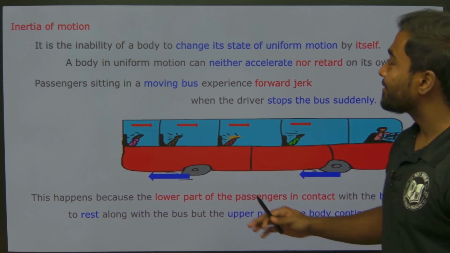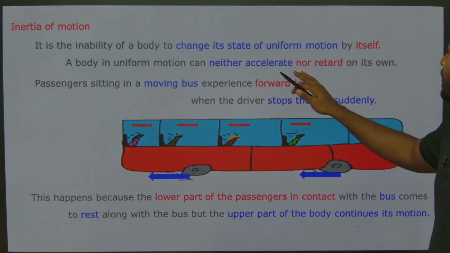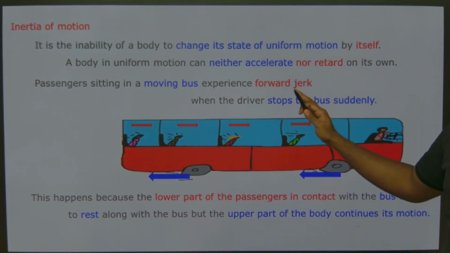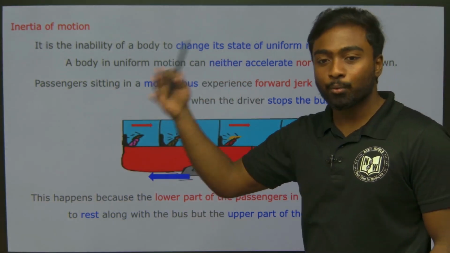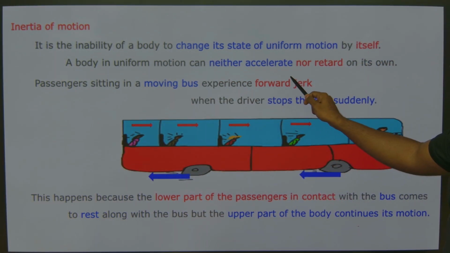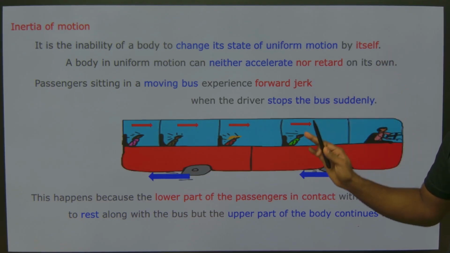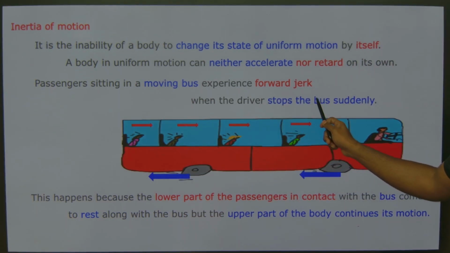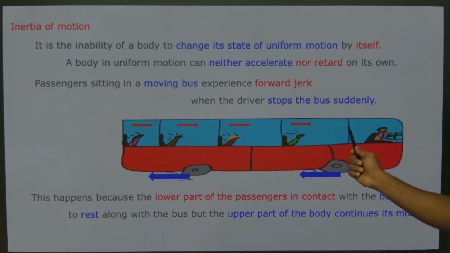It is the inability of a body to change its state of uniform motion by itself. A body in motion can neither accelerate nor retard on its own. A passenger sitting in a moving bus experiences a forward jerk when the driver stops the bus suddenly.